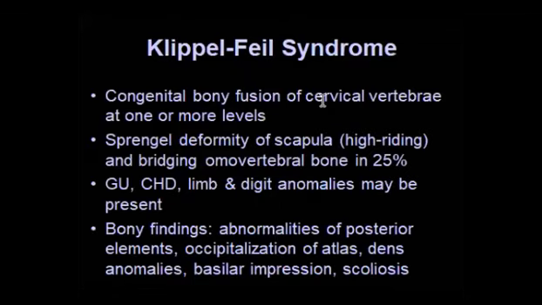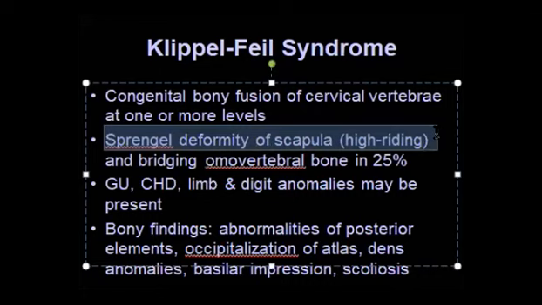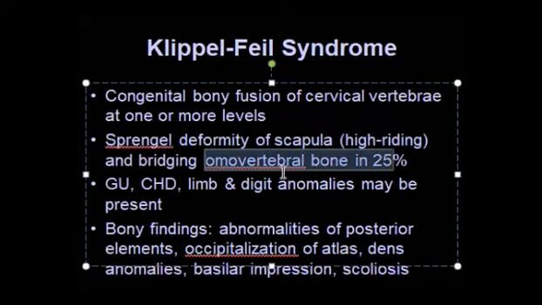Klippel-Feil syndrome, which is congenital bony fusion of one or more cervical vertebrae. It can be a differential with juvenile rheumatoid arthritis. Perfect. Search for Sprengel deformity of the scapula, high riding scapula, and the omovertebral bone. Some deformities and some anomalies. Okay.